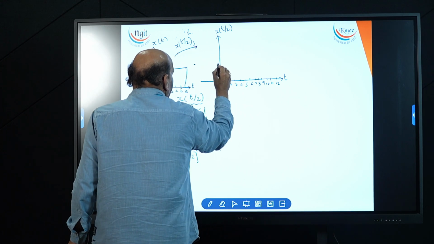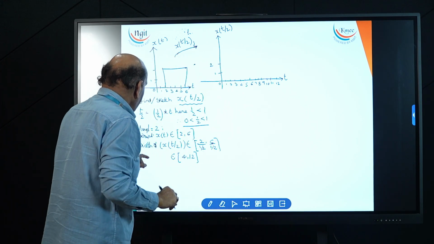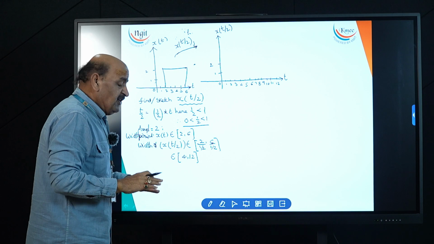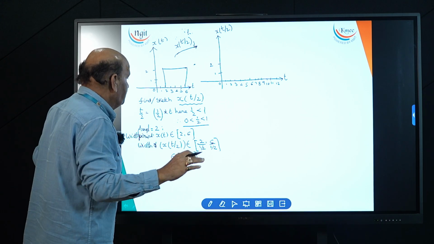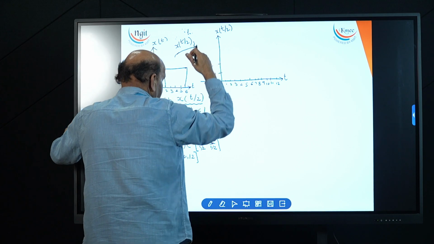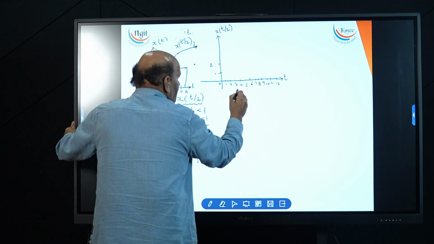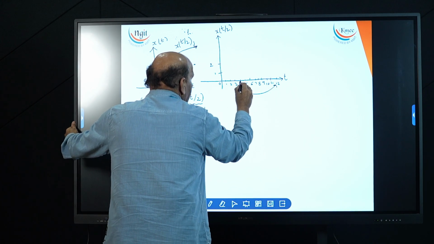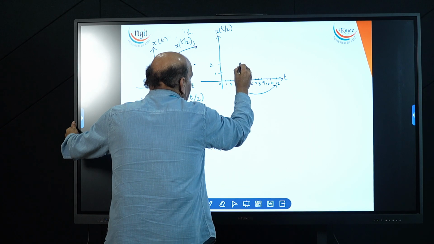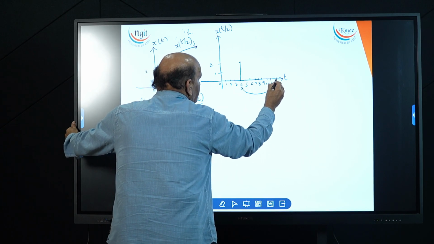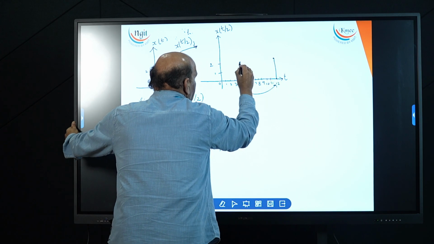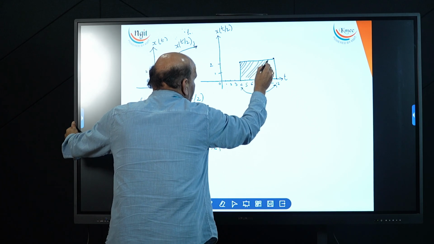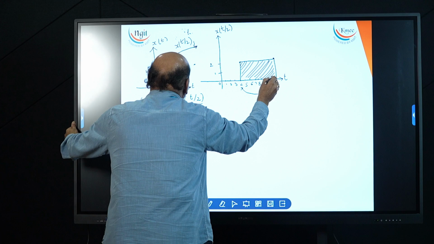What is the amplitude? 2. In this time scaling operation, amplitude always remains constant. There will be no change, so the amplitude height is the same. Now what is the new width? From 4 to 12. Therefore from 4 to 12 draw a signal up to the amplitude 2. This is the new signal x of t by 2.